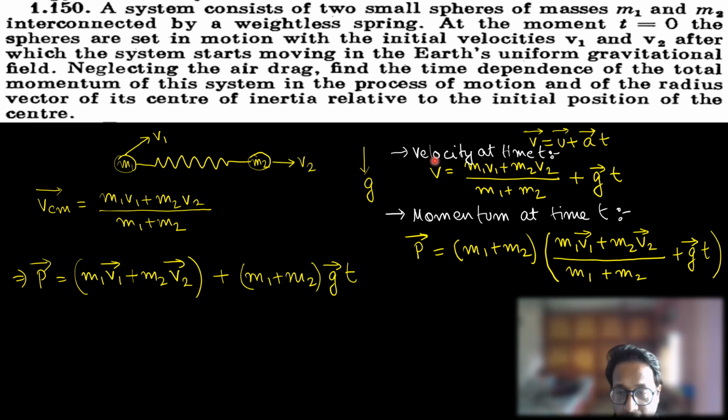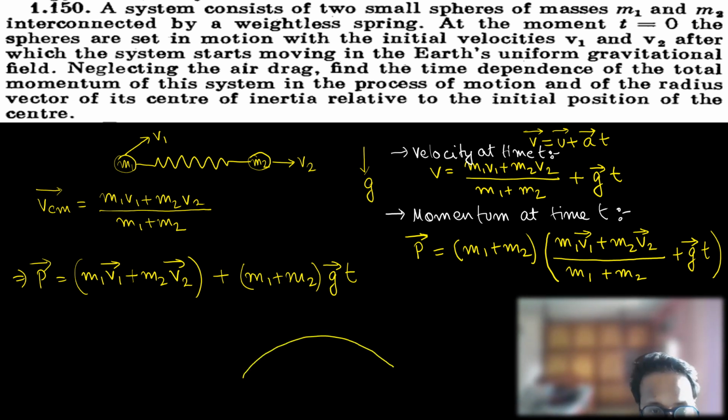Whenever you apply v is equal to u plus at, you divide them into components: x component of v is equal to u plus at, y component of v is equal to u plus at. In projectile motion, suppose velocity v at angle theta, you apply horizontal component v cos theta and vertical component v sin theta, then apply v is equal to u plus at and s is equal to ut plus half at square.